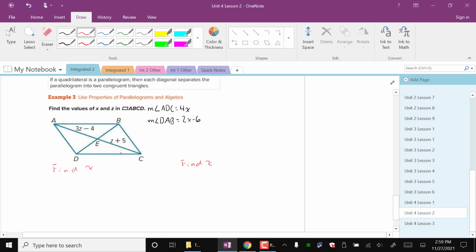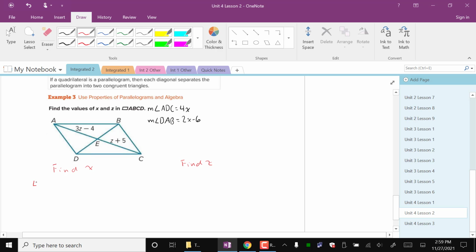Going back to that theorem at the beginning, theorem 2.5, if a quadrilateral is a parallelogram, then its consecutive angles are supplementary. These are consecutive angles, one after the other. So that means they're going to be supplementary.